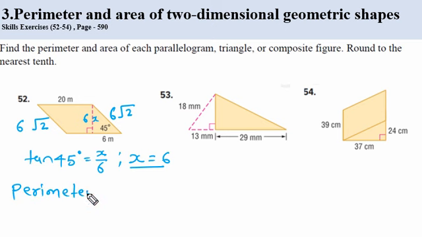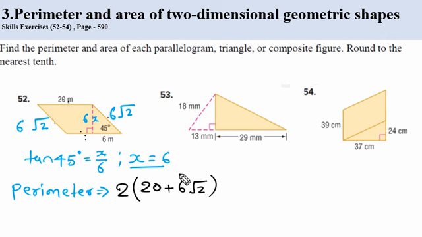Perimeter is the sum of all sides. So 2 times 20, because this and this are the same, plus 6 square root 2. This and this 20 plus 20 plus 6 square root 2 plus 6 square root 2. So basically 2 times (20 plus 6 square root 2).